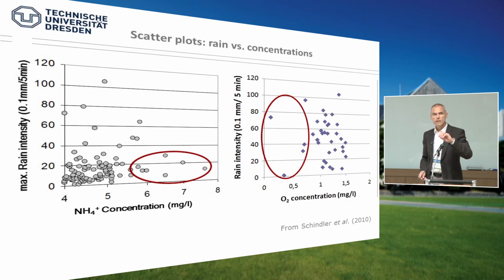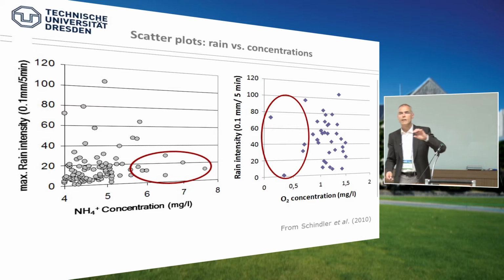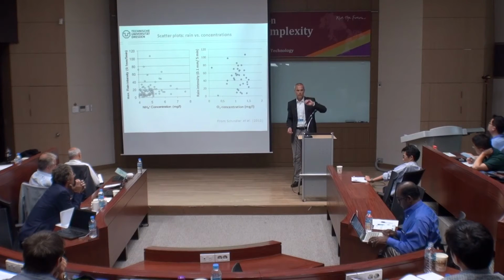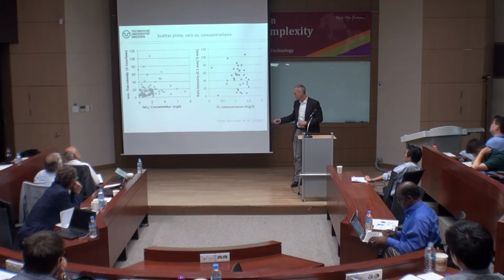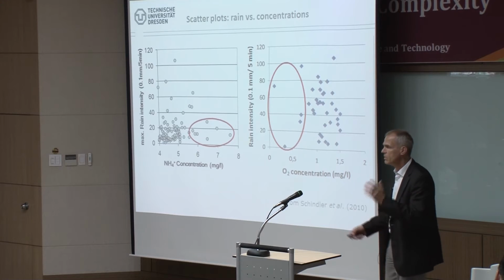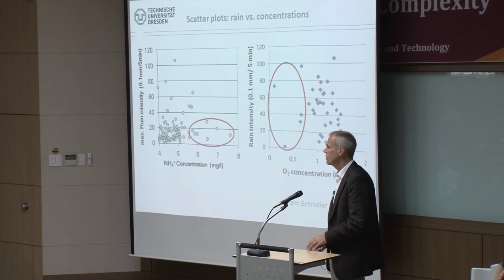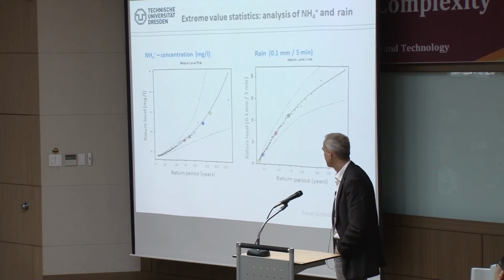So if the assumption applied that with more intense rain events we have more intense impacts to the receiving water, what we would get is the diagonal. But it's everything else than that. It's obviously relatively moderate events that cause critical impacts to the receiving water with regard to the ammonium concentration, and it might be all kinds of events with regard to the oxygen depletion.